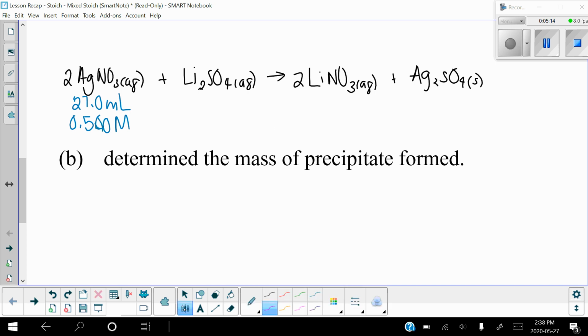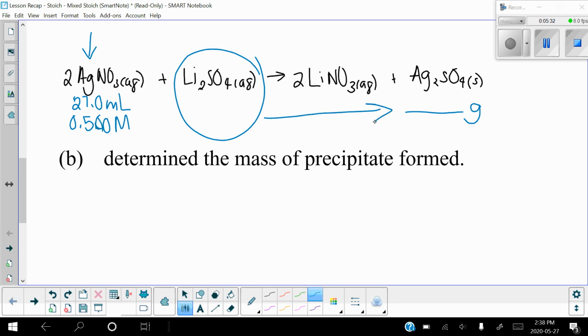We are now looking for grams of our precipitate. So we're going to start off with the known that was given to us in our problem. Yes, we do know the concentration and the volume of this guy, but in case there was a calculation error, we don't want to carry that error to our next answer. So we're always going to go with what was actually given to us in the problem.